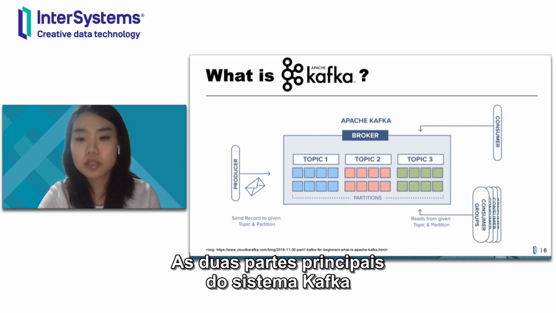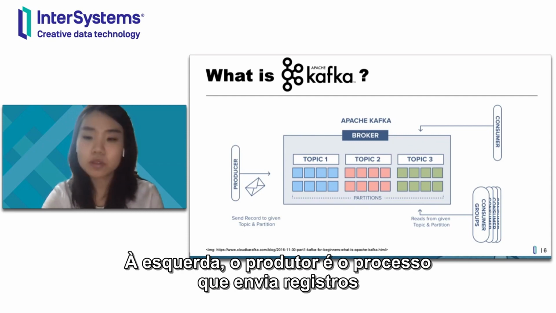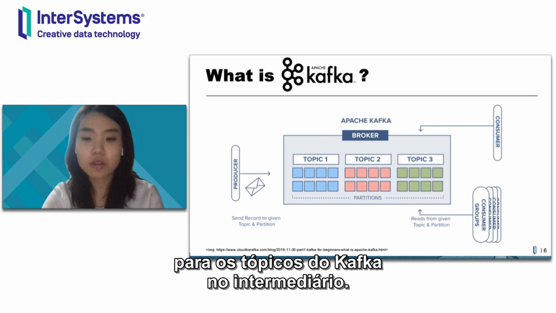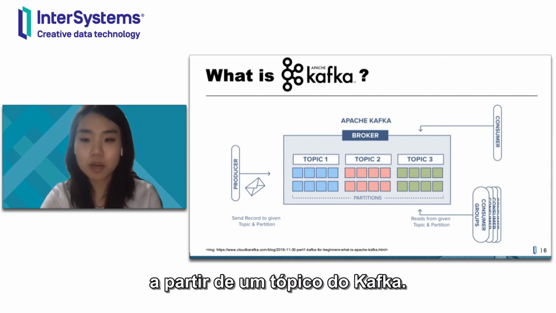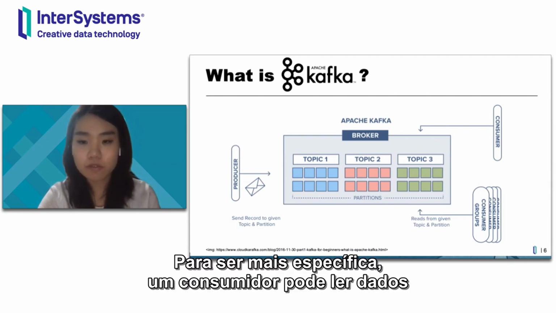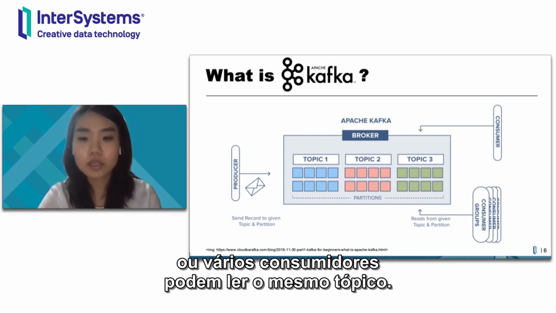The two main parts in the Kafka system are the producers and the consumers. Here on the left, the producers are processes that push records into the Kafka topics within the broker. In contrast, a consumer pulls records off a Kafka topic. To be a bit more specific, a consumer can be reading data from one or more topics, or multiple consumers can be reading from a single topic.